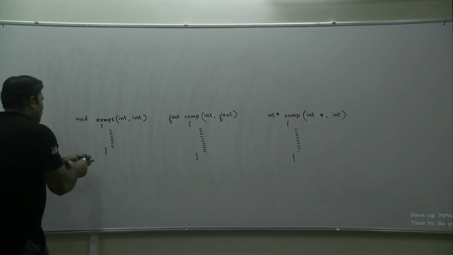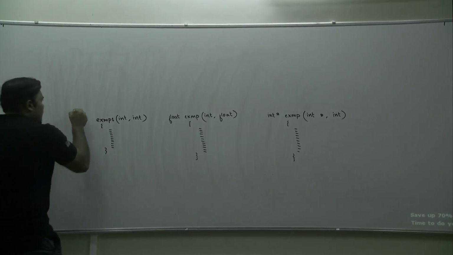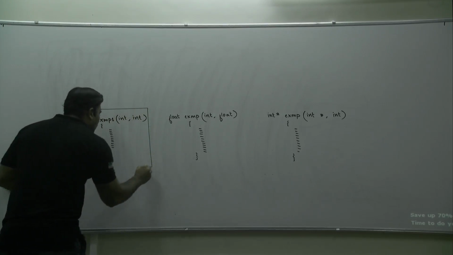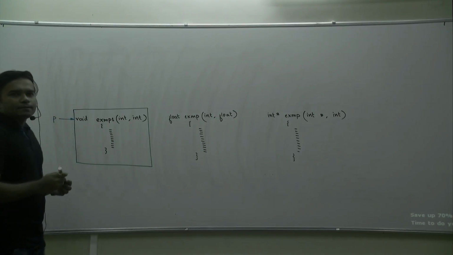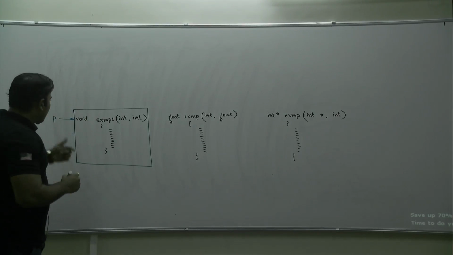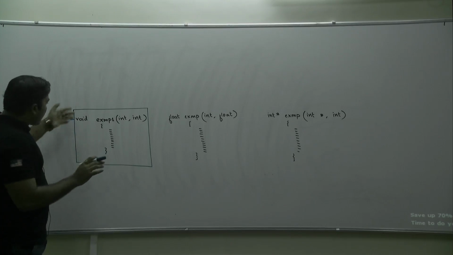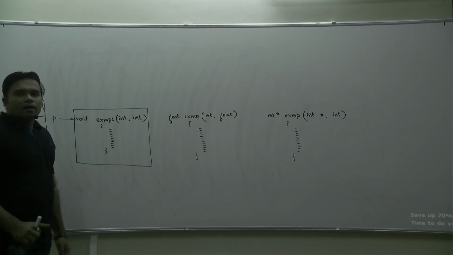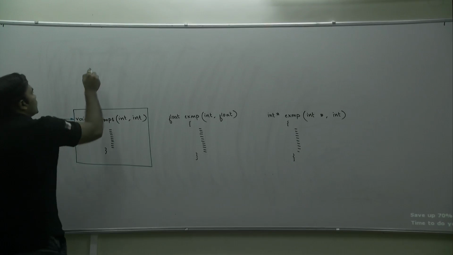Now for this function, this is one function. For this function, I would like to create one pointer p. So remember, this pointer is not pointing to data. Rather, this pointer is pointing to a function. How to declare it, sir? If you will ask me, watch it.